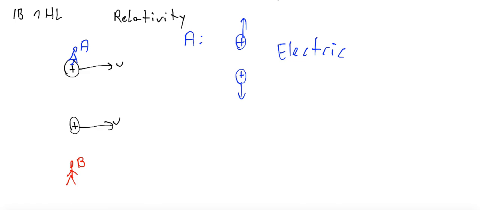observer B sees the motion between these two charges. So charge 1, which moves to the right, creates a magnetic field which is directed into the plane of the screen in the lower part of the charge, and out of the plane of the screen in the upper side of the charge, due to the right-hand thumb rule.